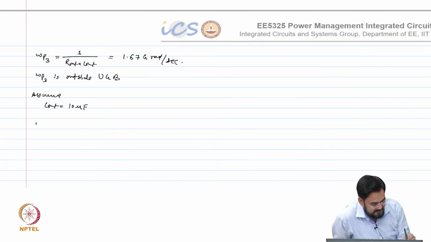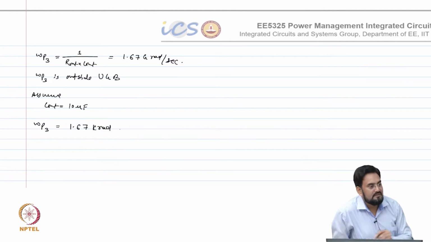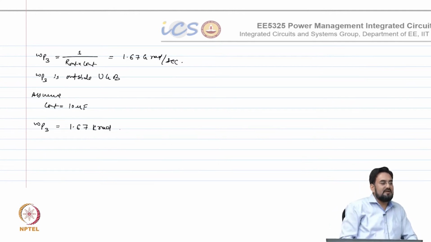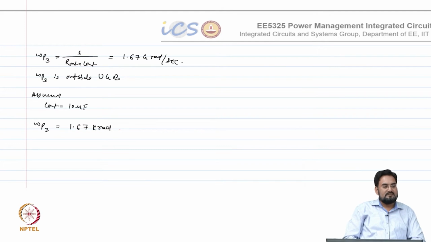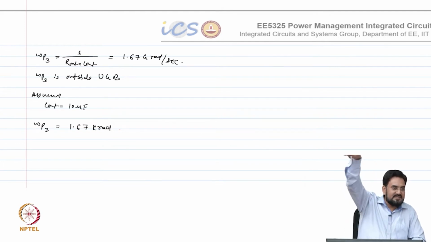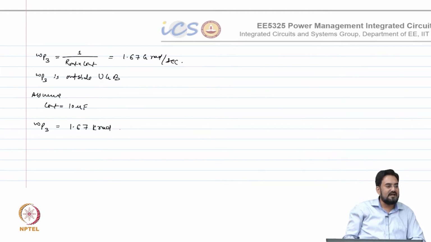So your omega P3 will come at 1.67 kiloradian. This will now become the dominant pole, and if you again start with the same 60 dB, your UGB will fall at 1.67 mega. So again you do not need a compensation.